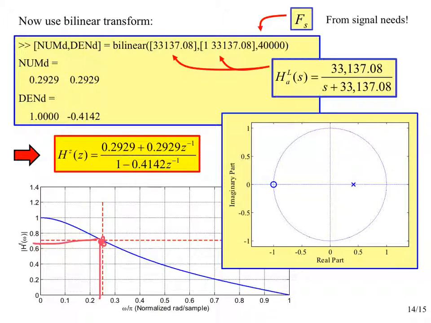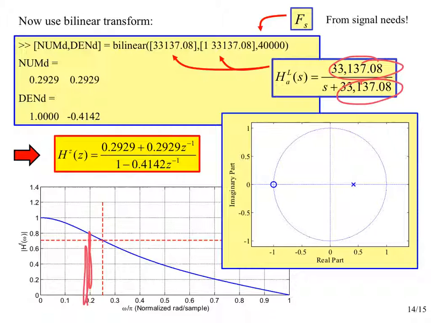So again, keep in mind that what we've done here is we've pre-warped our frequency out. Instead of we want 5 kilohertz to be the cutoff, we convert 5 kilohertz into radians. It's 31,000. If we were to put the 31,000 in here, we would end up with a cutoff frequency that's lower than where we want it to be.